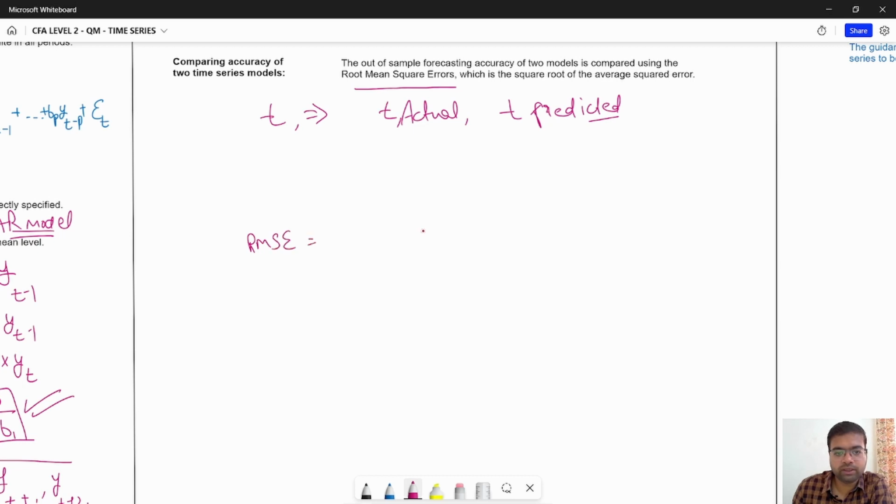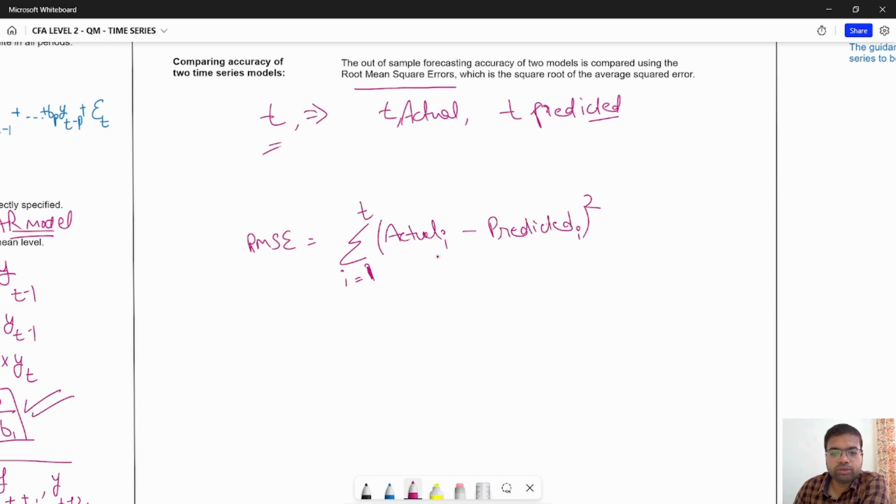Root mean square error is equal to the actual value for i minus the predicted value for i, square this. We need a sum of i is equal to 1 to t, because we have t different observations.